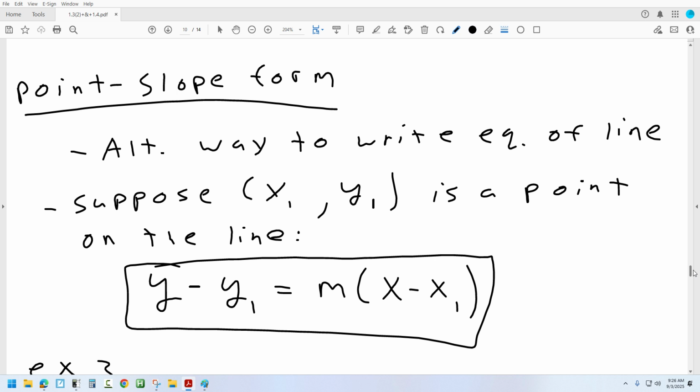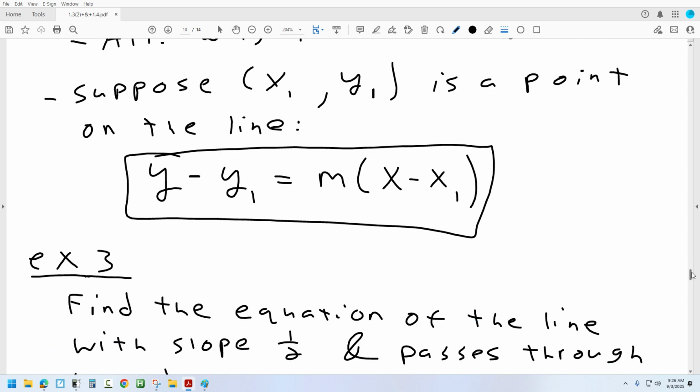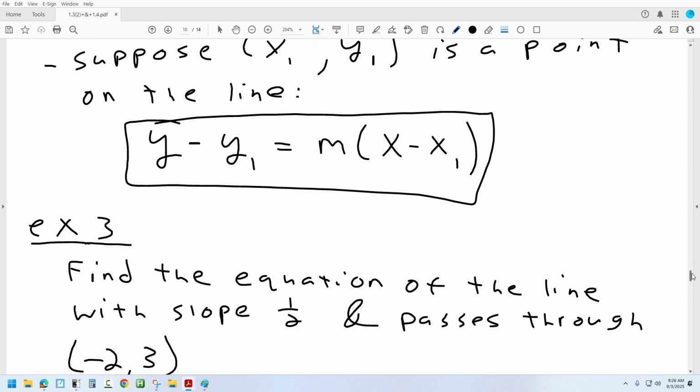So let's try writing an equation in this format and then converting it back to the format that we just discussed. So it says find the equation of the line with a slope of a half, and it has to pass through the point negative 2, 3. Okay, so first, there are 3 things we need to plug in.